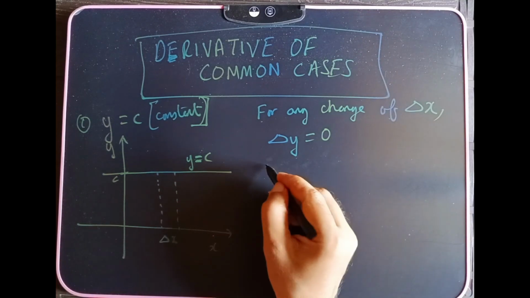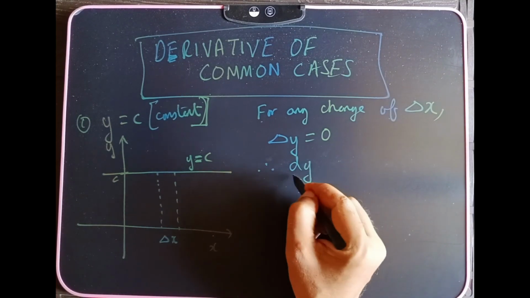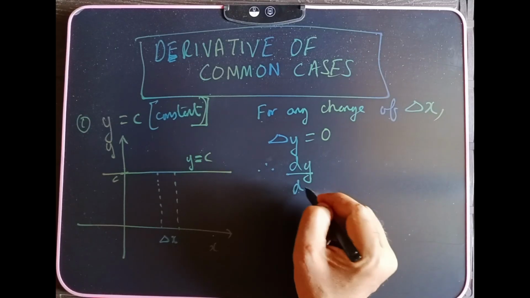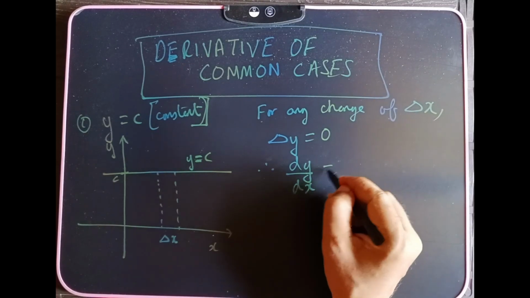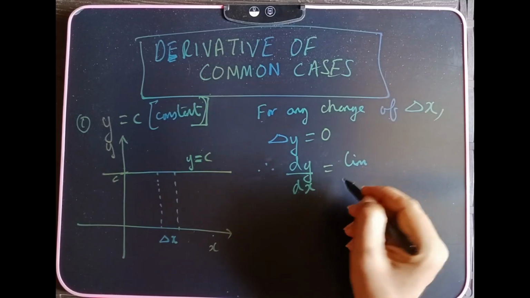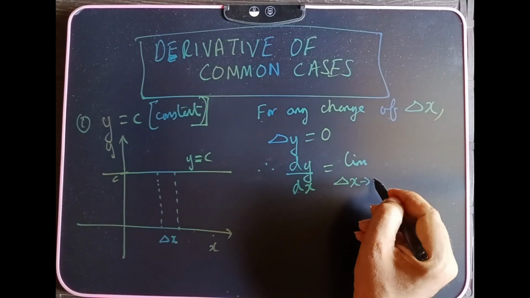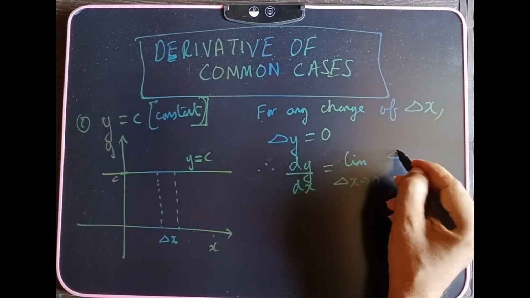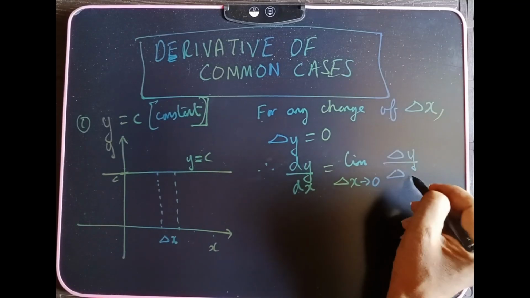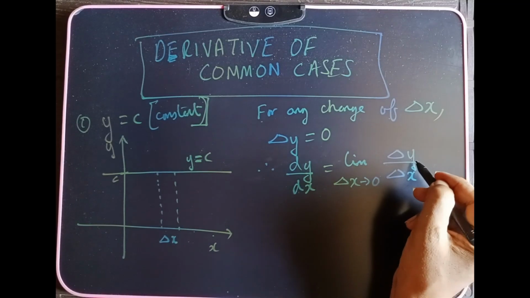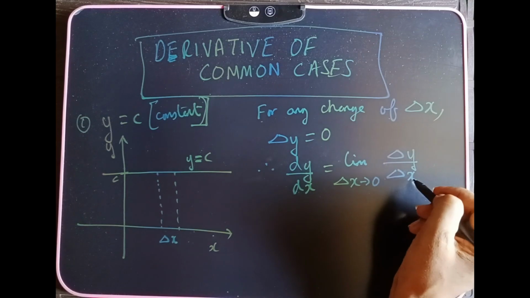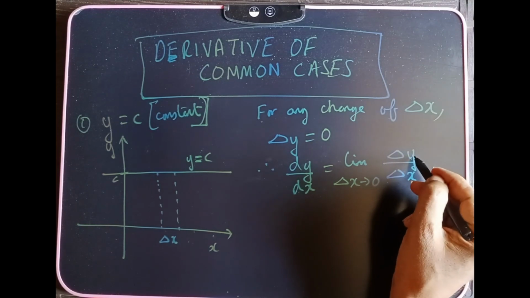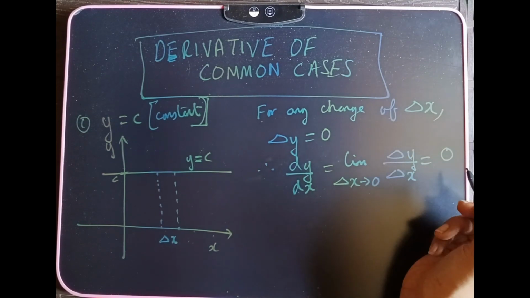So what does it mean? Therefore, I can say that dy by dx, the change of y with change of x, is equal to the limit as delta x tends to 0 of delta y by delta x. And here we know when delta x is tending to 0, delta y is 0, so it becomes 0.